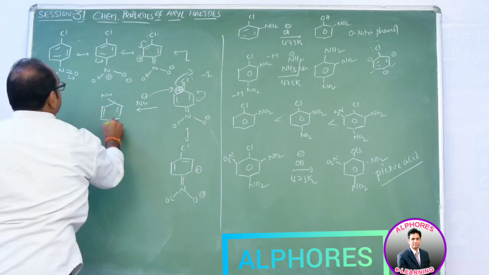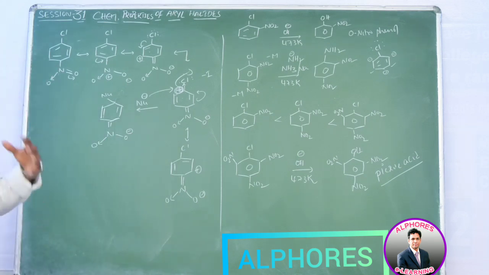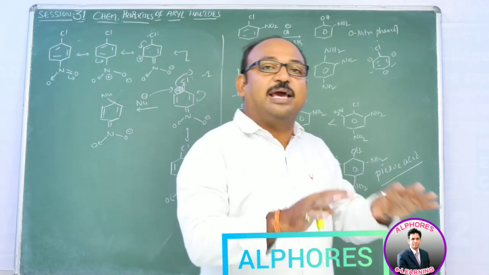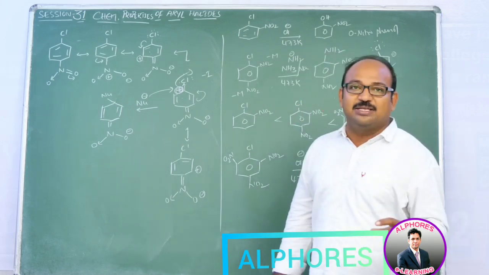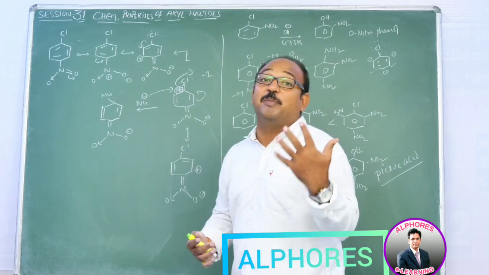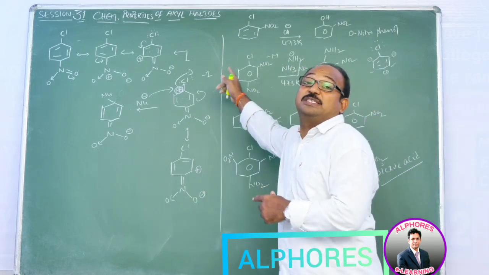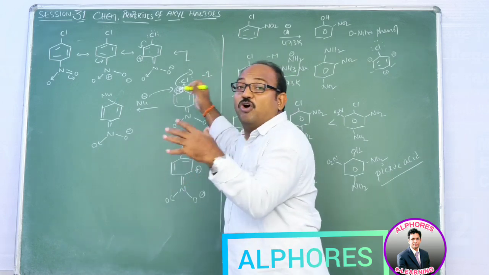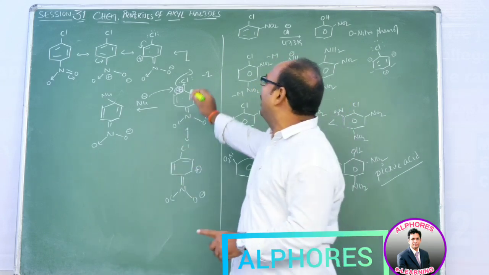So we are getting a structure like this, N-O minus, double bond O. That means the nucleophile prefers that particular carbon where chlorine is attached, because the positive charge appears not only because of the NO2 group's minus M effect, but in addition, the chlorine minus I effect also plays a vital role here. By playing that important role, it gets more and more positive charge. Hence the nucleophile prefers that particular chlorine-containing carbon.